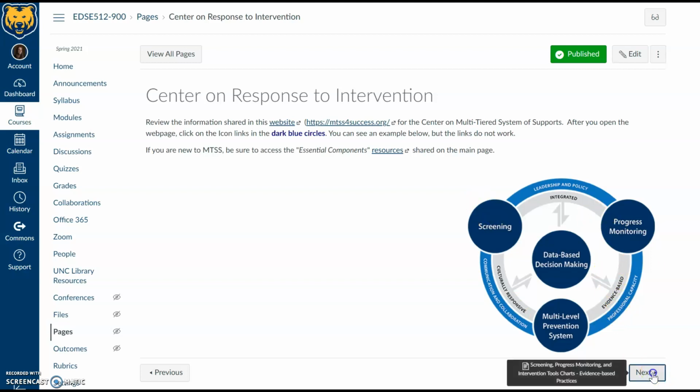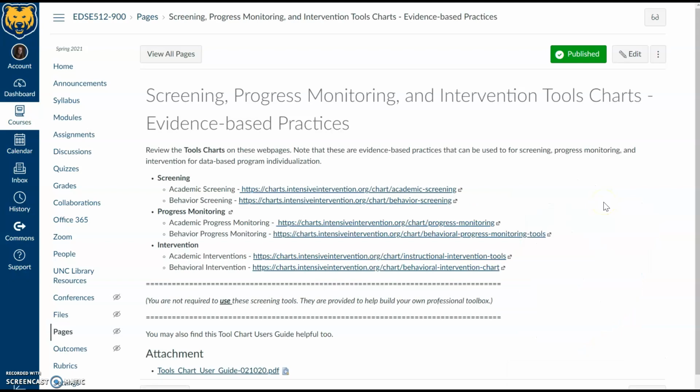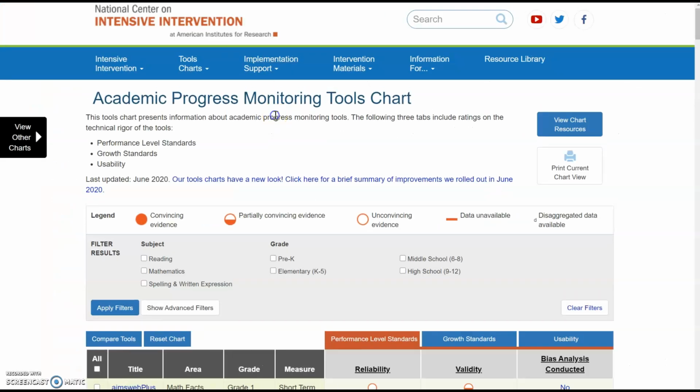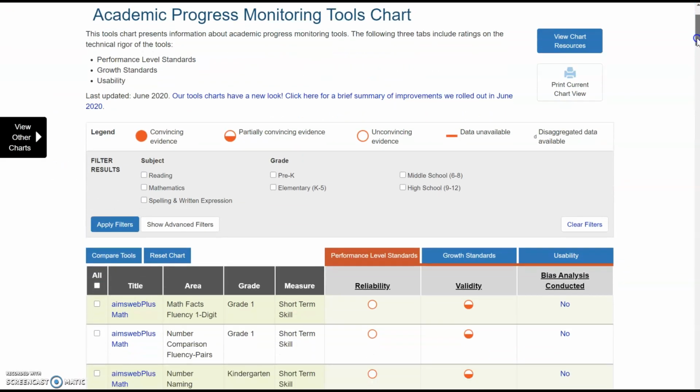So this is a good visual to present the information if you do enjoy that kind of thing. I know lots of us are visually supported in our learning. And then we do have a website link here and several below it related to screening and progress monitoring. So this will provide you with tool charts, and there are several that you can look through here.